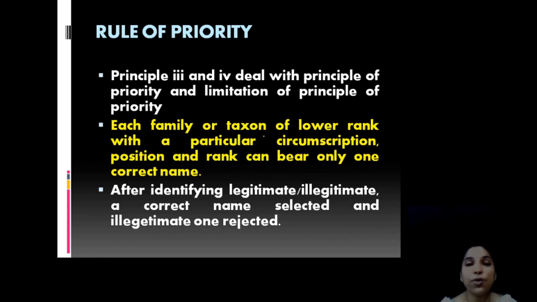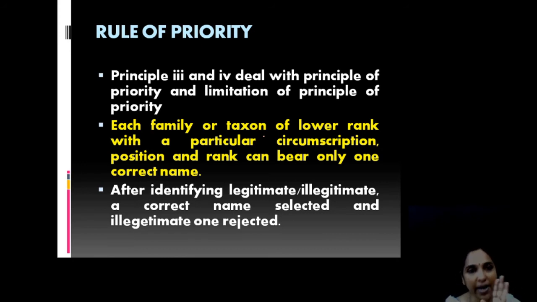This ranks of taxa is the first one. Second one is rules of priority. What is rules of priority? In principles 3 and 4, it deals with rules of priority and its limitations. Each family or taxon of a lower rank with a description needs only one correct name. After identifying legitimate or illegitimate: following the rules and everything correct is legitimate, not following and wrong is illegitimate.